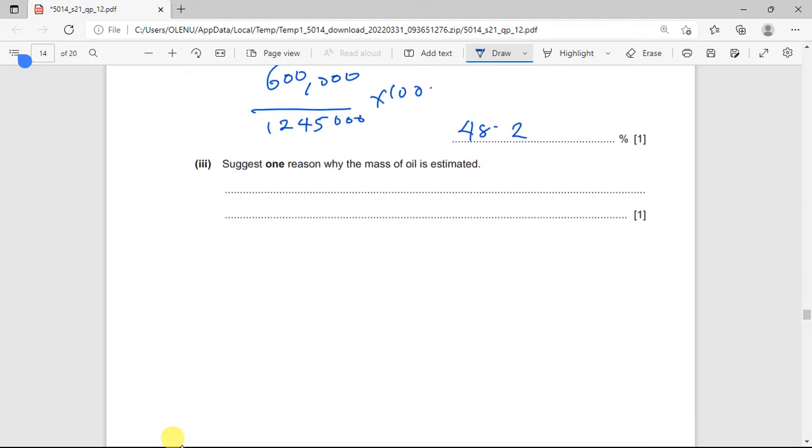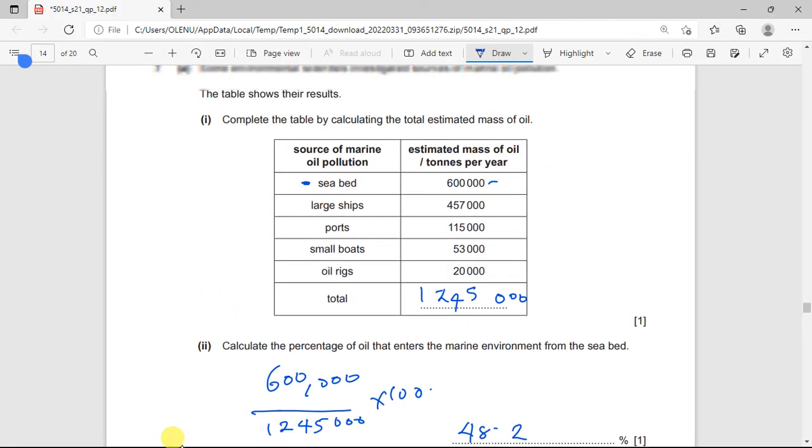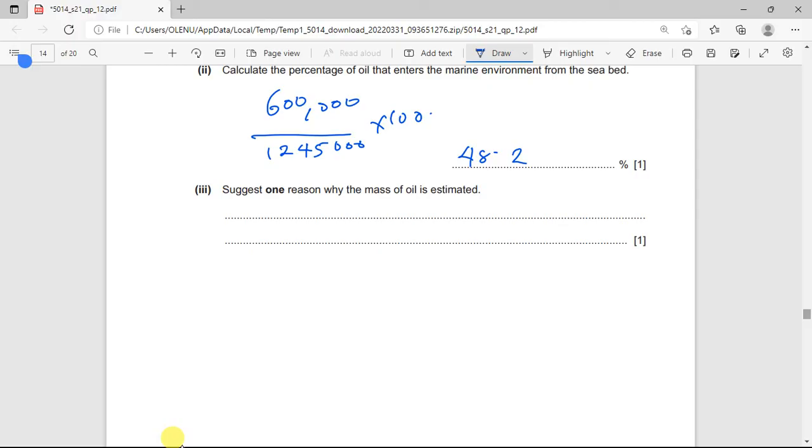Now, give one reason why the mass of oil is estimated. The reason it is estimated is that it is usually difficult to identify the source.